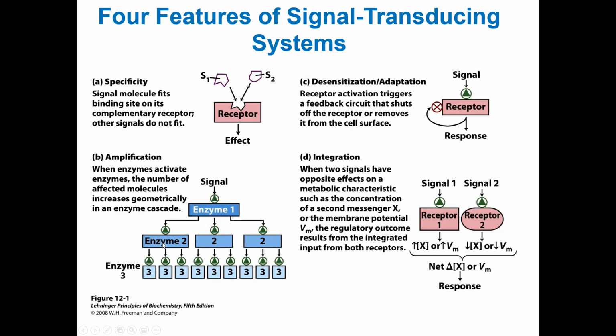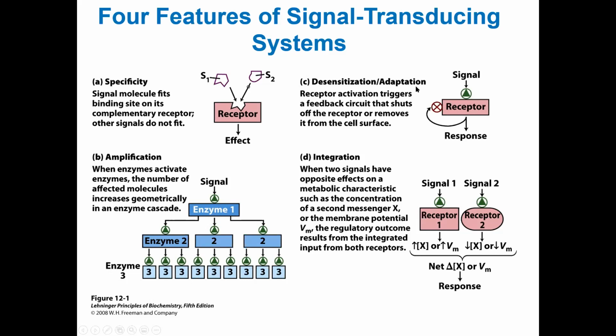Then each of those enzyme 2 molecules will release another three signaling molecules, which will bind to enzyme 3 and so on. So this is what we call signaling cascades. When enzyme 1 activates enzyme 2, and enzyme 2 activates enzyme 3, the number of effective molecules increases in a geometric fashion. It's not linear, like 1, 2, 4, 6. It's 1, 3, 9. So that's how the signal gets quickly amplified.